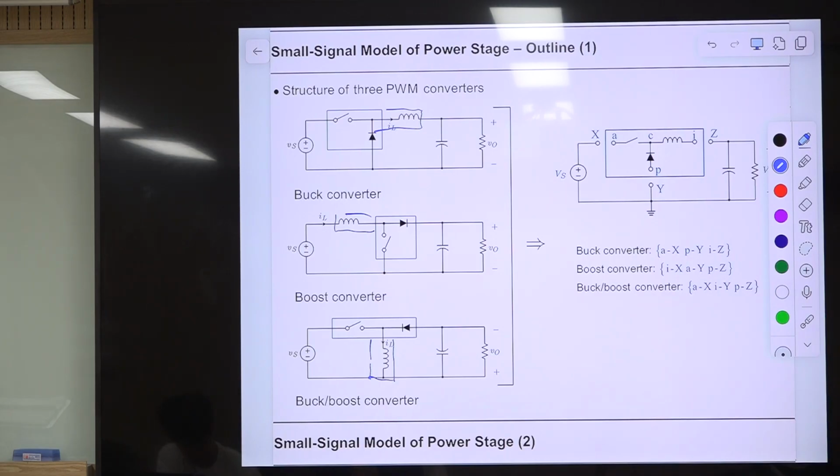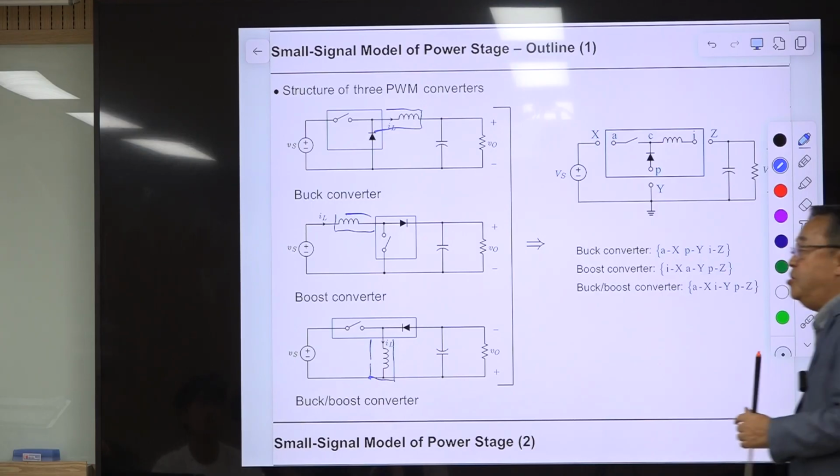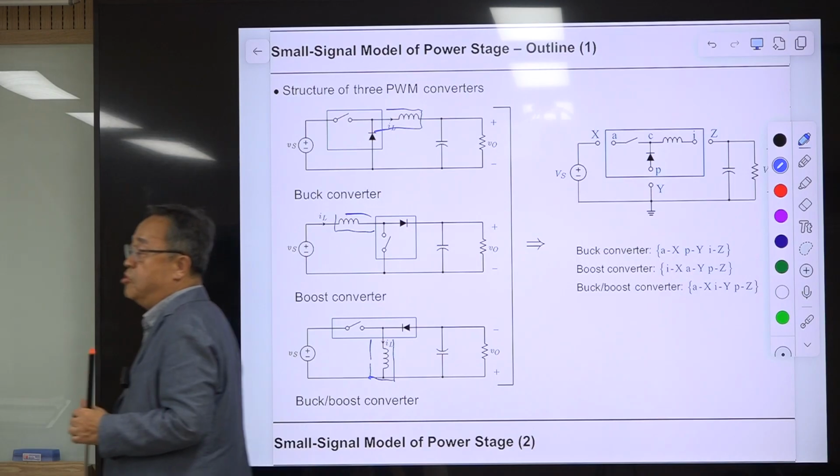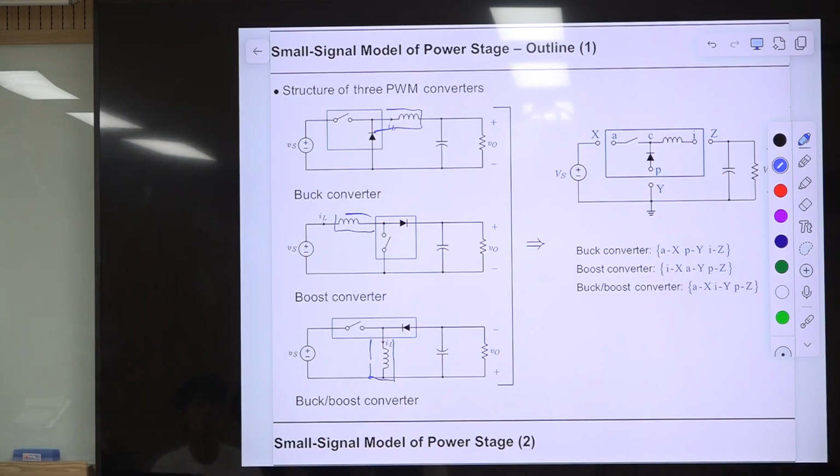Then what we need to worry about is only this one. If you develop the small signal model of this part, then you just replace it with the pin-to-pin change in the node. Then you will come up with three different small signal models of three different PWM converter power stages. That is the concept of this.